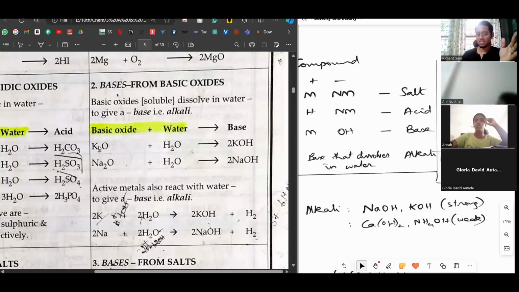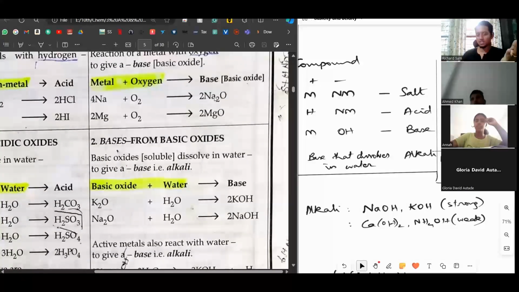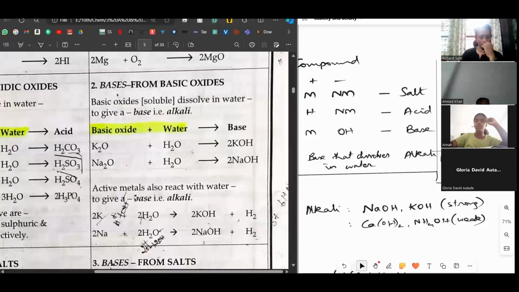Now these, sometimes they call them bases. Sometimes they just call them basic oxides. See over here, sodium oxide, we can call it either a basic oxide or a base. See, the metal itself directly reacts with water.